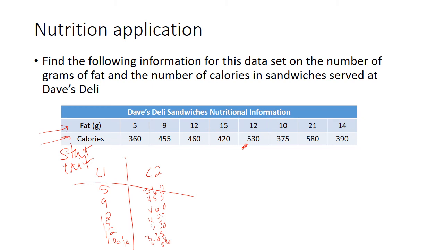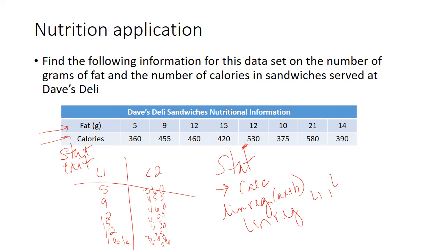All right, once you have your lists in, remember you go back to stat again, arrow over to calc, pick your LinReg ax plus b. You'll need to put in L1, comma, L2.